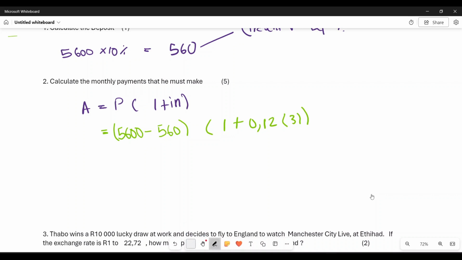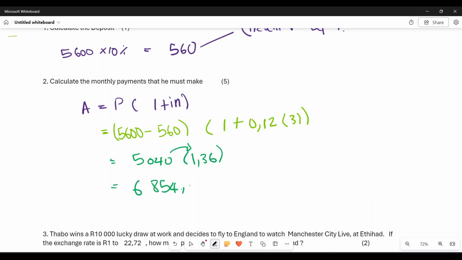Now simplifying, 5,600 minus 560 gives 5,040, multiplied by (1 plus 0.12 multiplied by 3), which is 1.36. Multiplying the two, I get A, which is the total amount this person would be paying as a result of buying this TV on loan. So 1.36 multiplied by 5,040.